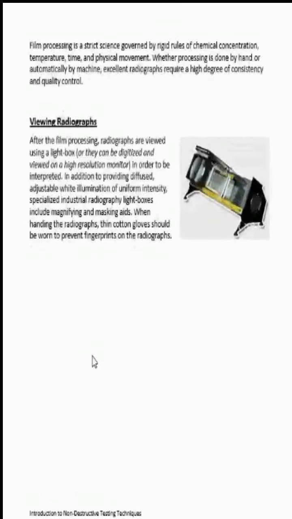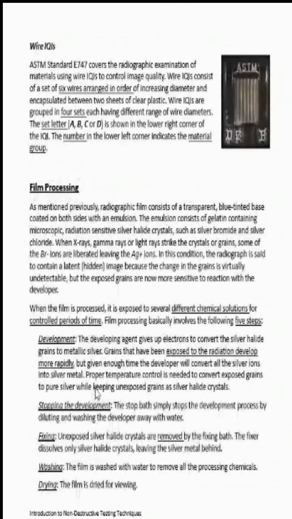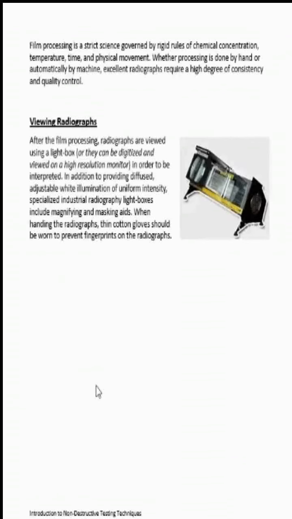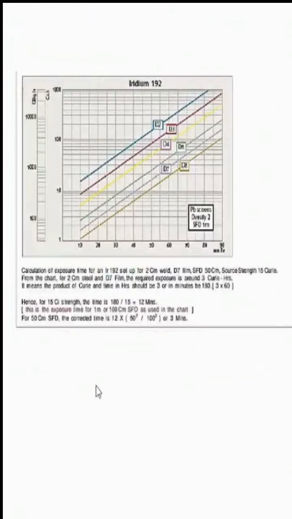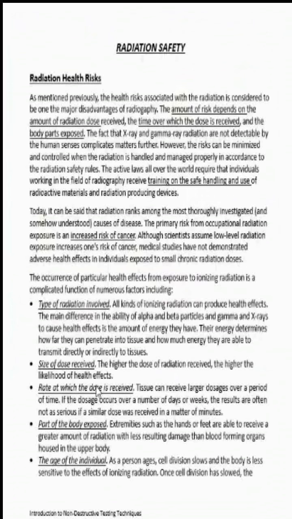This is only 2 pages in this book, but I will discuss this in around 5 to 6 or 10 slides, because this is the most important part when you are having radiographic film interpretation. Okay, before going to discuss IQI, we will have one more thing, and that is, I'll quickly go to that point. Yes, radiation safety.